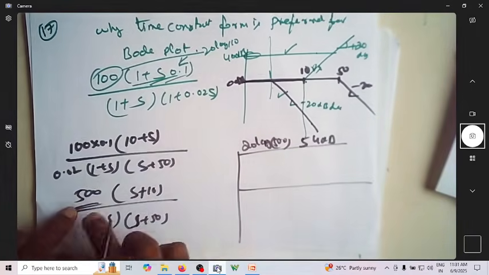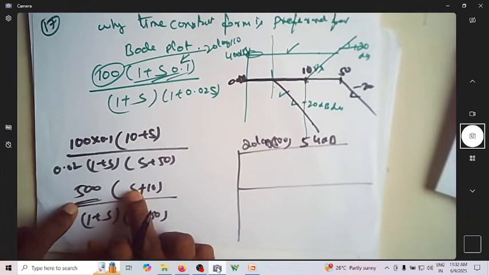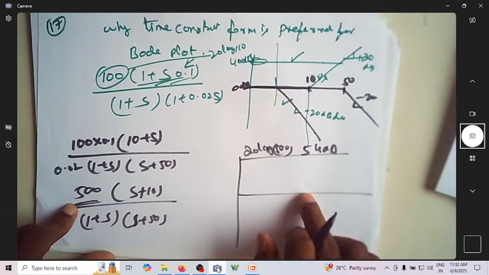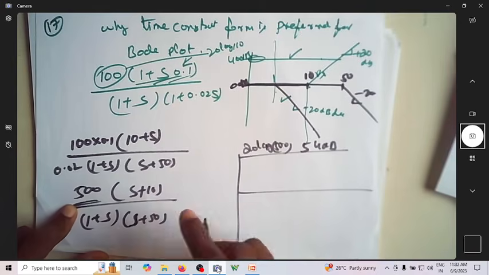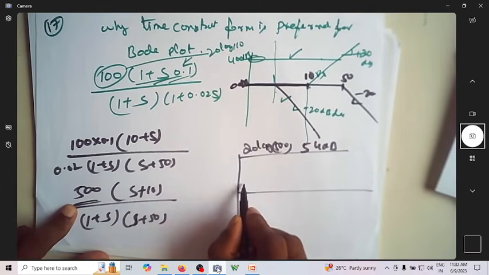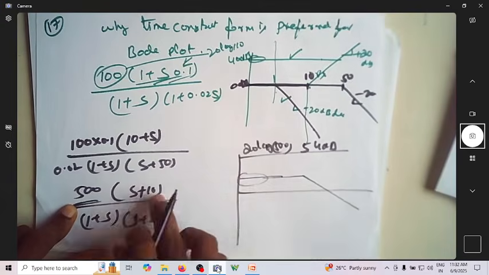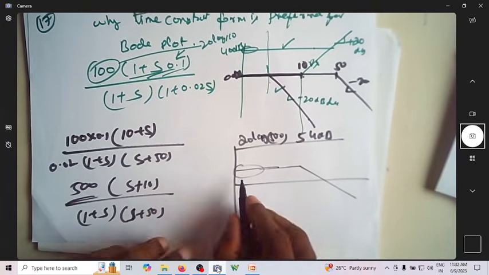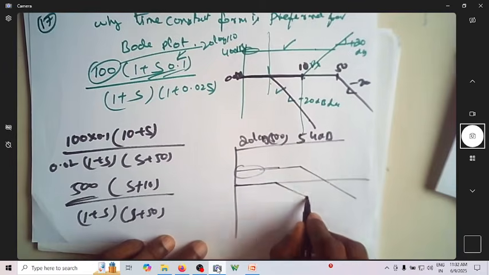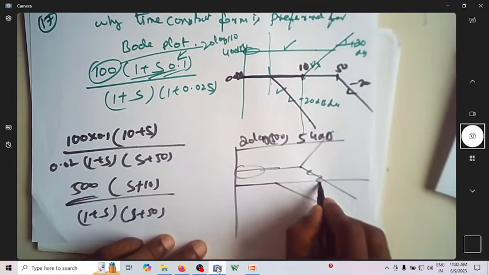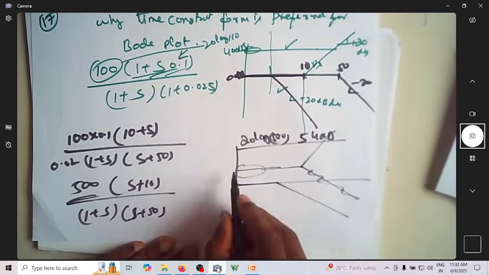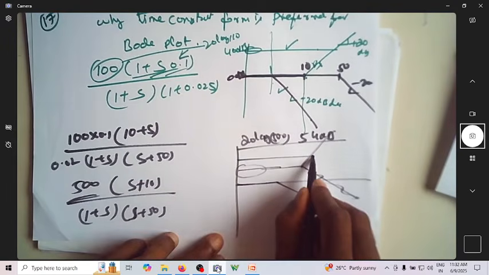So this is this term. How about this term? This term is not 0 dB till 10 and then going down. It will have some magnitude, and then it will come down. This one is a zero, so it goes up. And how about this? This will have some magnitude and then goes down.